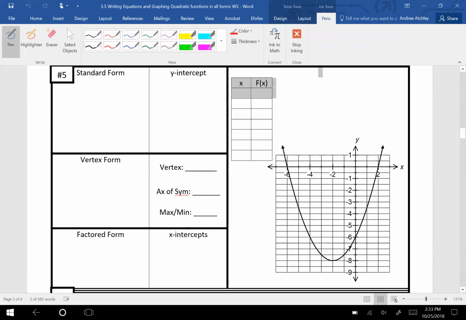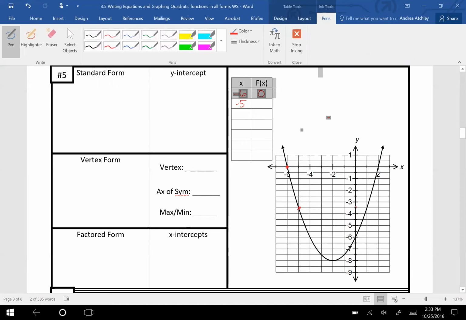Okay, so here is a point. So that's going to be -6 for x and 0 for y. And then my next point would be about here at -5. And then, okay, notice this is counting by halves.